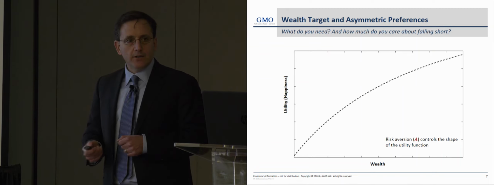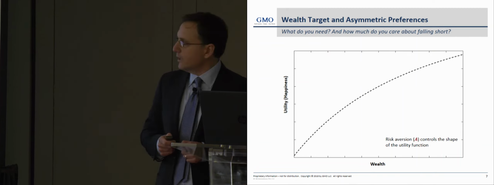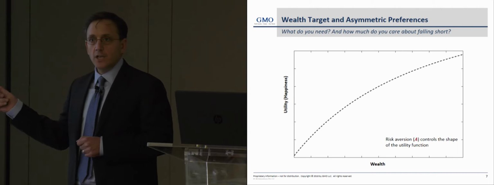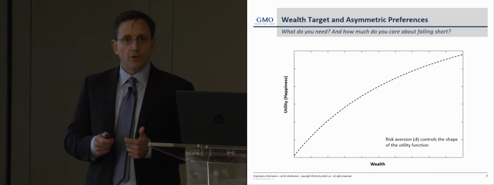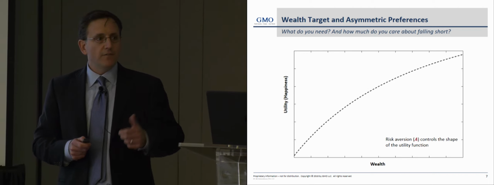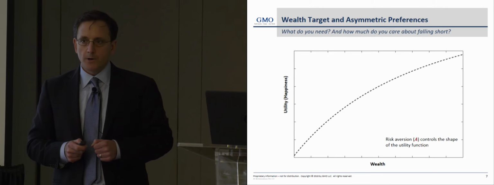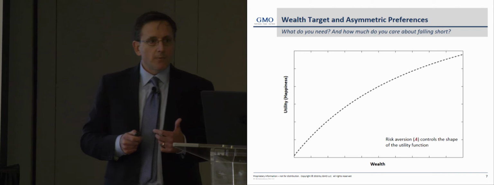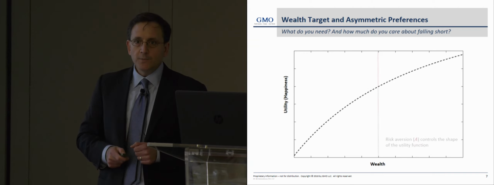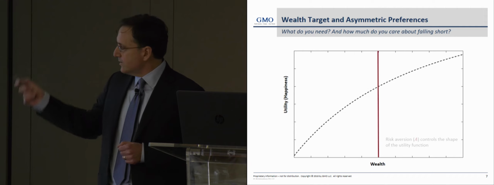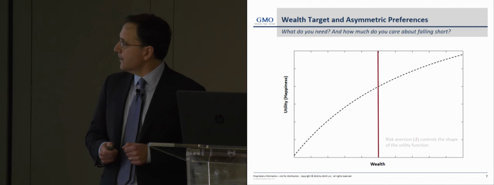And we have a standard utility function on the dashed line. Now, the shape of this utility function is controlled by your risk aversion coefficient. This is the same risk aversion coefficient that's used in the conventional mean variance framework. But as I mentioned, we want to make a couple of modifications. The first modification is we want to introduce a wealth target. So that's indicated by the vertical line here.